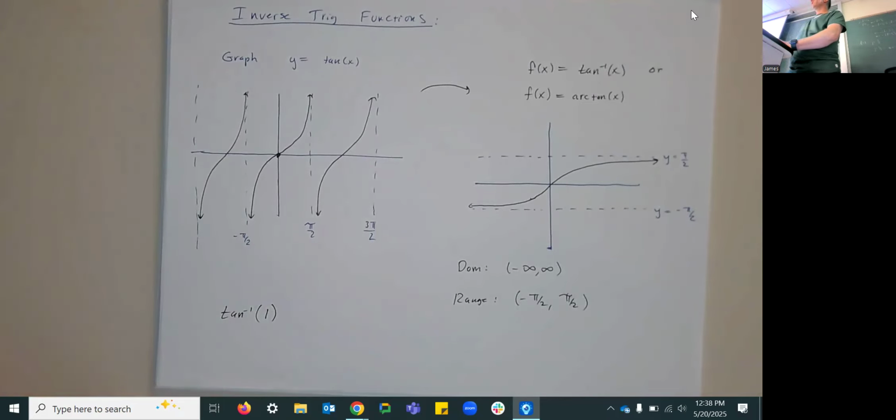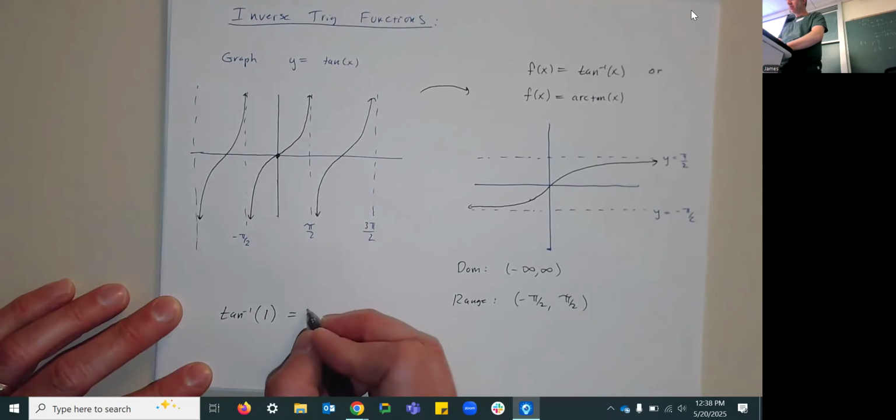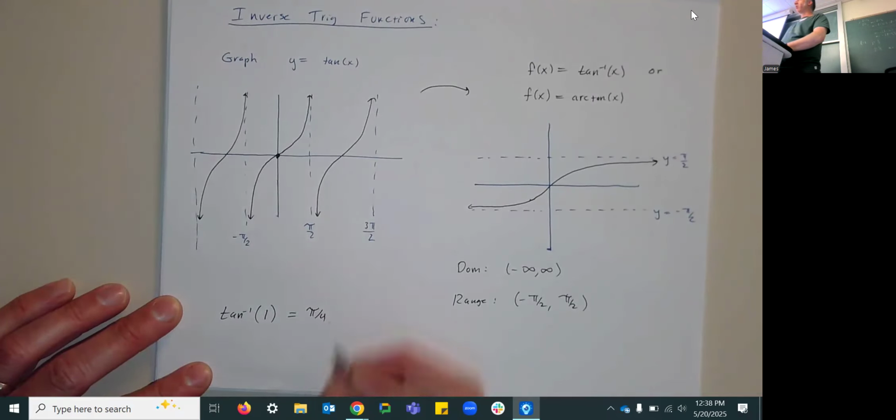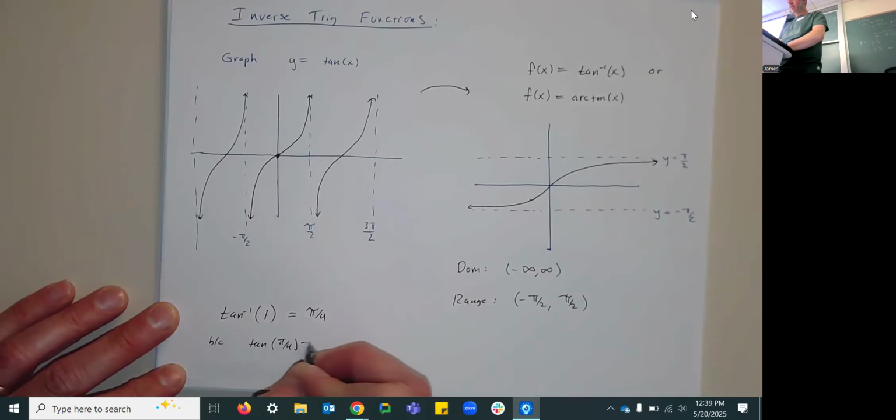What's the angle? When I see this notation, inverse tangent of 1, I'm really thinking, okay, this says what's the angle whose tangent is equal to 1? Inverse tangent of 1 is exactly pi over 4, because tangent of pi over 4 is equal to 1.